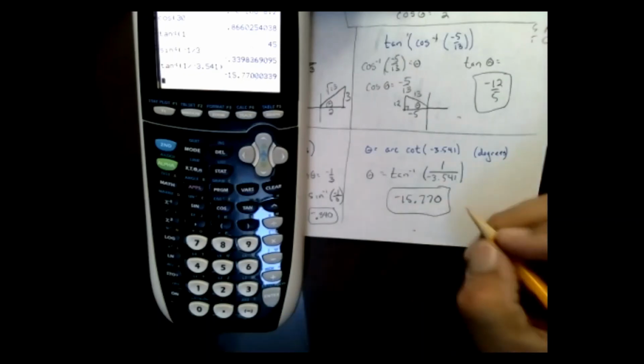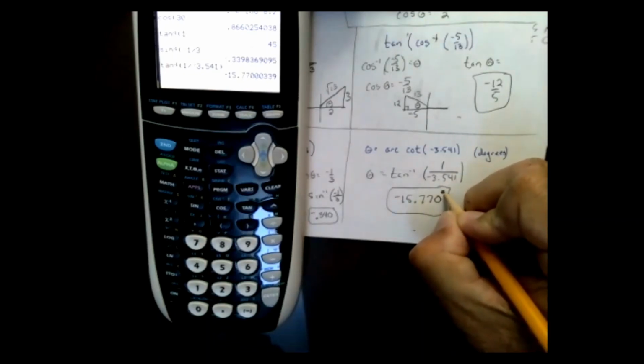Can anybody confirm or deny that? I'm in degrees, so I should put a little degree symbol up there, because I wanted to find degrees. Negative 15.77 degrees.